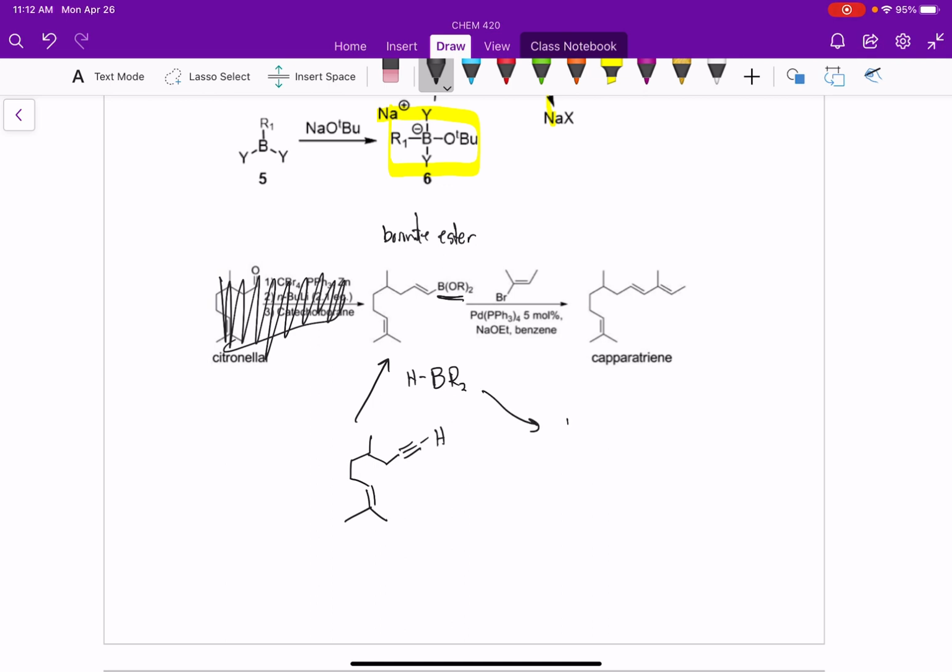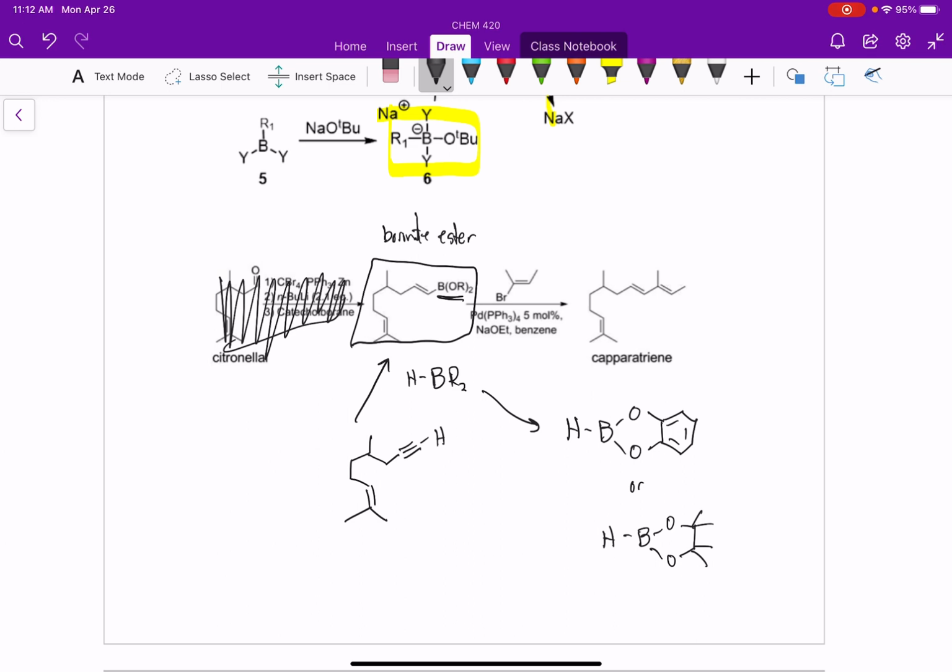So typically things you can use are like catechol borane, that's a good boron complex to use, or this. Those are really good boranes to use to get your compound here.